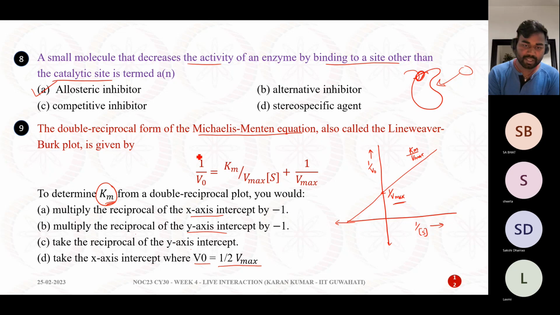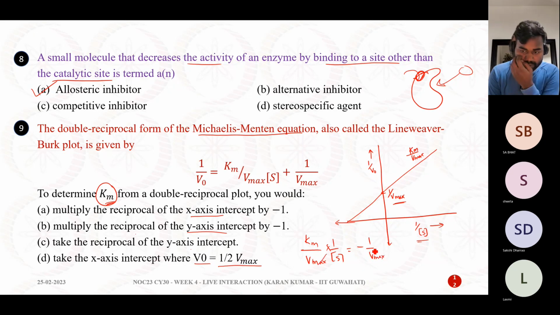At the x-intercept, 1 by V0 will be 0. Now calculate the x-intercept, where in the double reciprocal plot 1 by V0 is equal to 0. In that case, Km by Vmax into 1 by S is equal to -1 by Vmax.